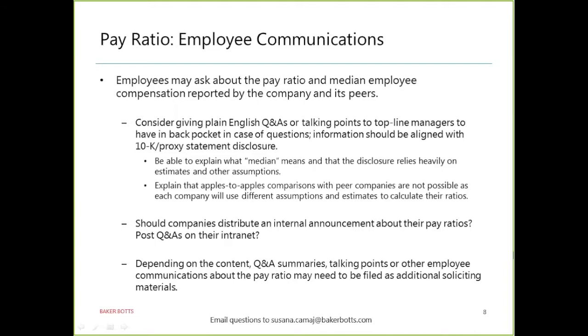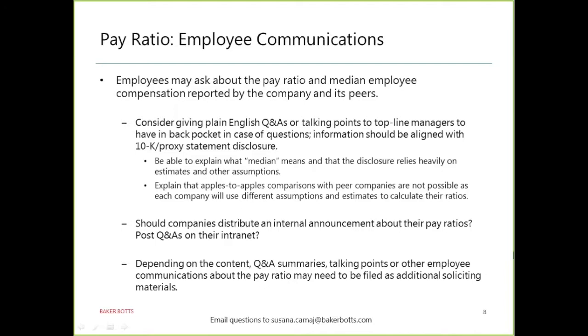So this begs the question: if employees read the company's proxy statement or SEC or other public disclosures, they may ask about the pay ratio. They may ask about the median employee compensation that had been reported in the proxy statement. Employees may be comparing their compensation to the median employee compensation that had been disclosed, and they may have questions.